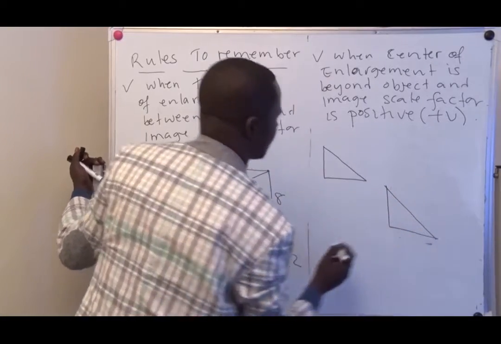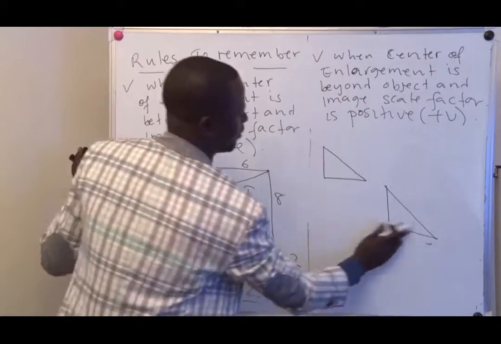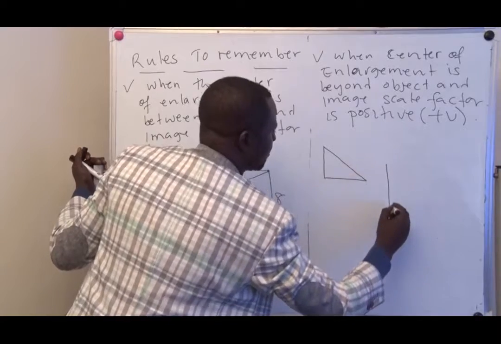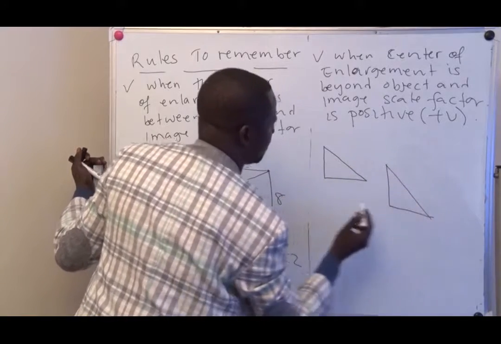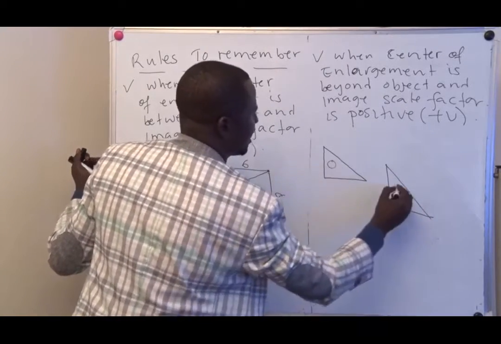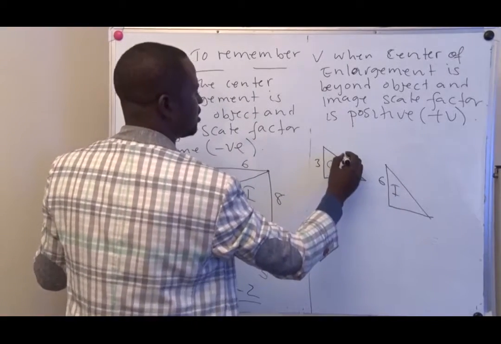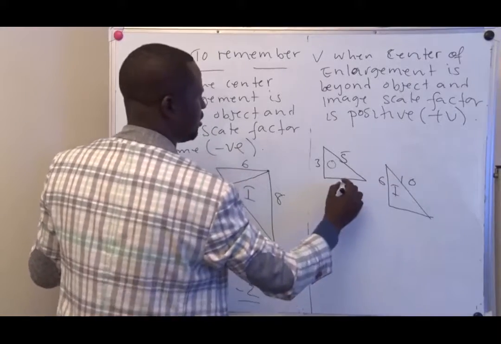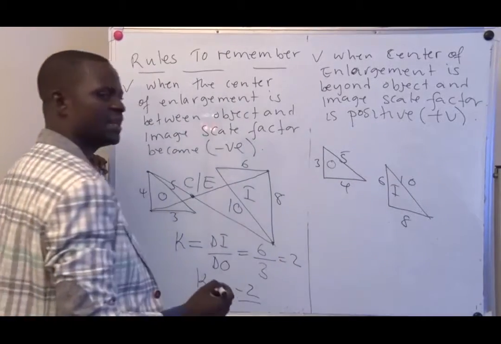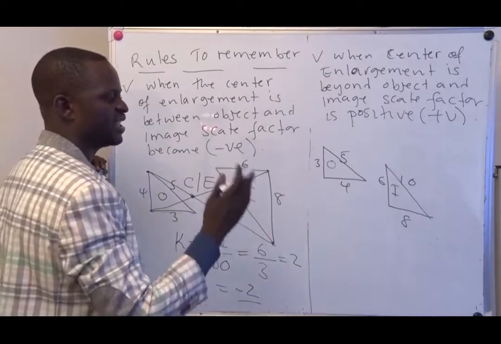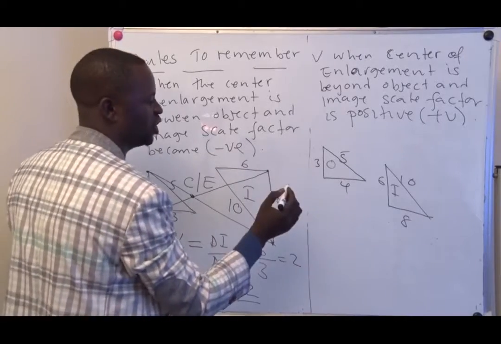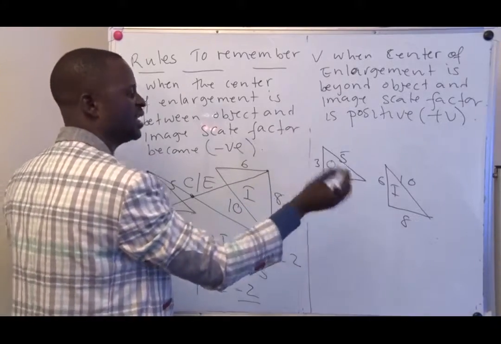Let me say, for example, we have something like this. If this is the object and that is the image, as usual, this is 3, this is 6, this is 5, this is 10, this is 4, and that is 8. Remember, I told you, when you're finding the center of enlargement, you join corresponding points of object and image.